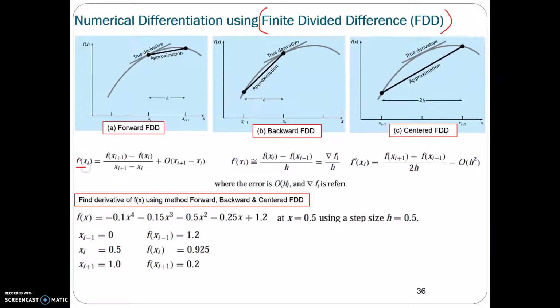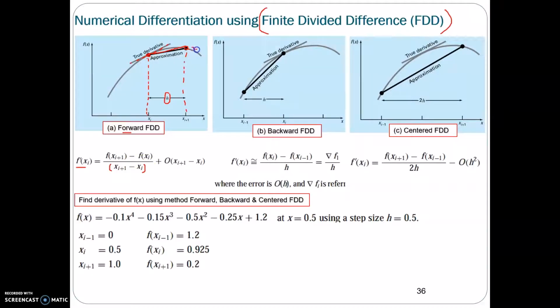To find the first derivative at xi, which is over here, you can find the true derivative at this point by using the tangent curve here. In the forward finite difference method, we use the forward point here to estimate the gradient. The forward point is at xi plus 1. Therefore, you can obtain the step size, which is the h symbol here, equal to xi plus 1 minus xi.